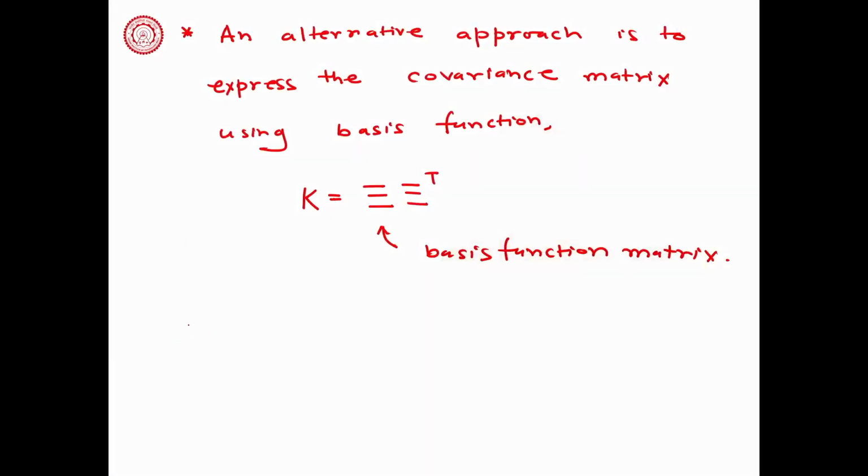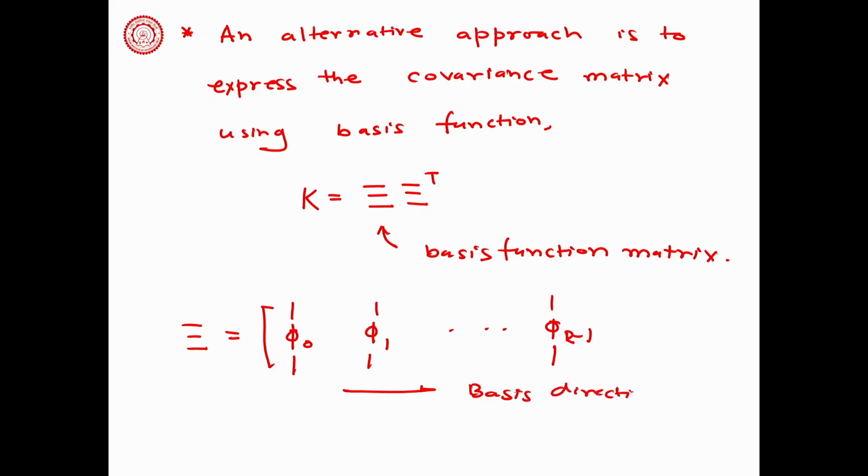So, if you remember, psi basically is of this form, psi 0, psi 1, up to psi r minus 1, and this is the basis direction, and this is the data direction, right.